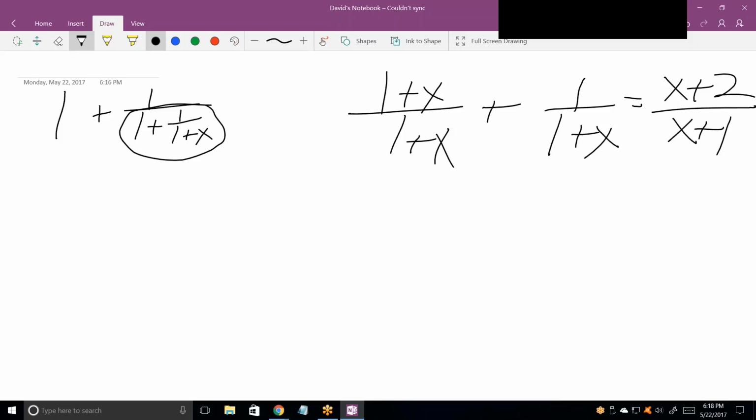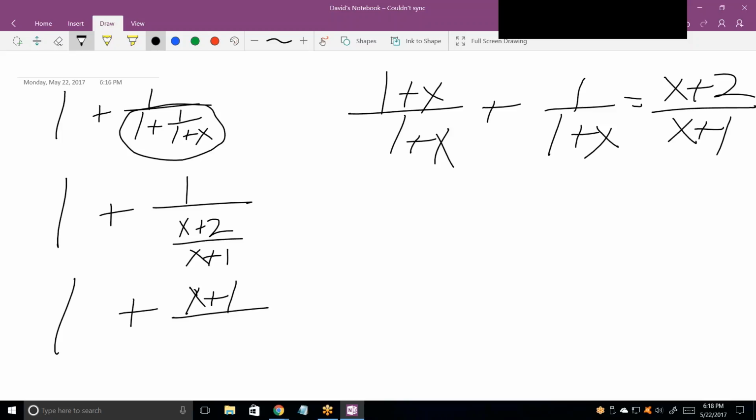Alright, so now let's rewrite it. Because we have a single rational quotient in the denominator, we can flip and multiply. So now what do we have? 1 plus x plus 1 over x plus 2. Okay, now solve that.